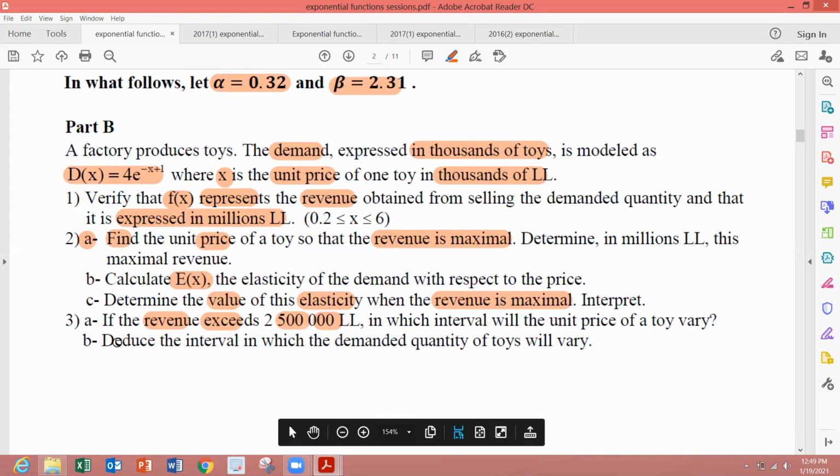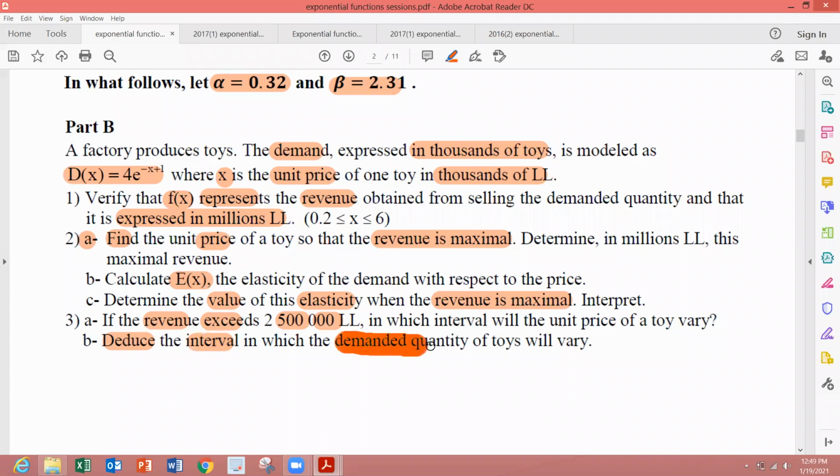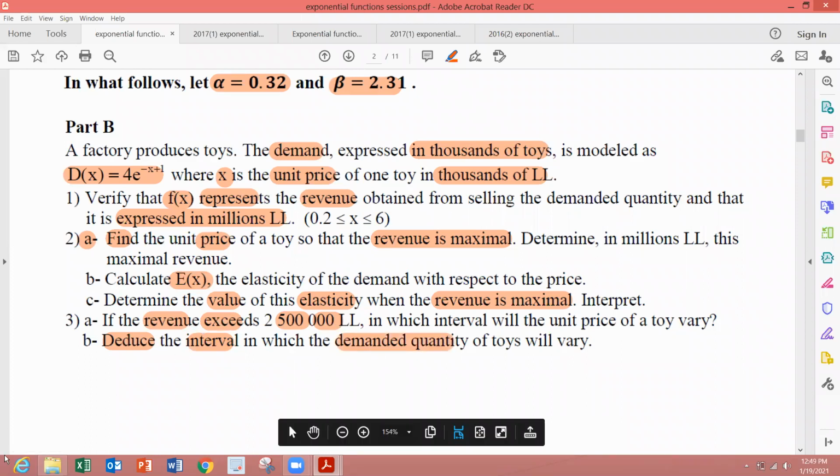How to deduce it? We find the demanded quantity, meaning we replace the values of x in d(x). What do I put in place of x the first time?